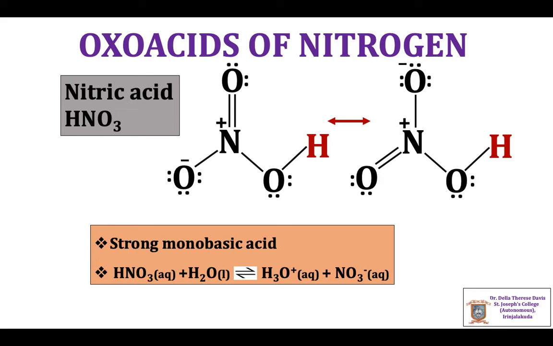It is a strong monobasic acid, that is, it contains only one ionizable hydrogen atom. It exists in resonance forms. The resonance structures of nitric acid are shown in the figure.